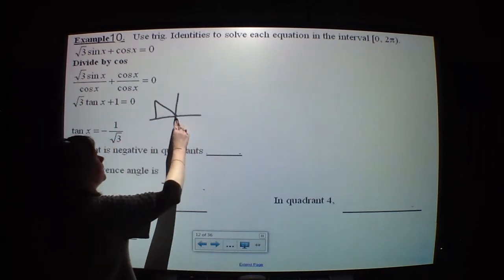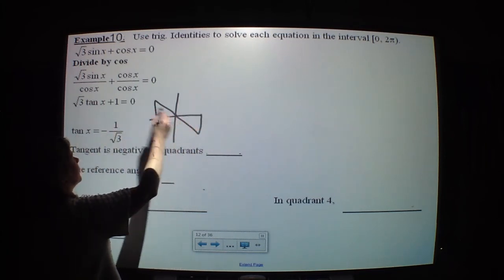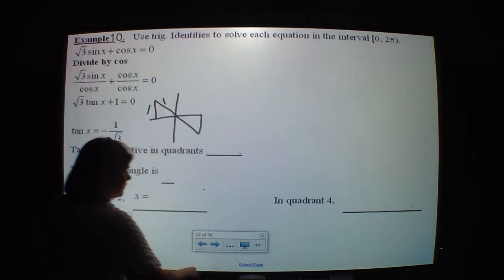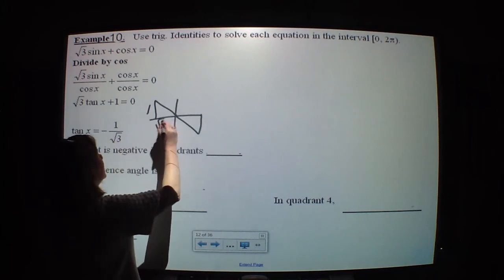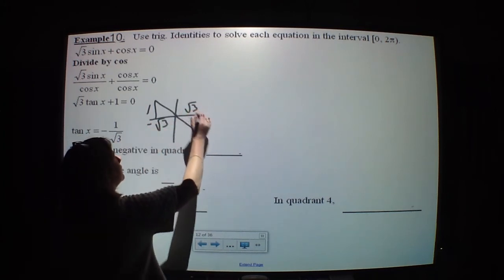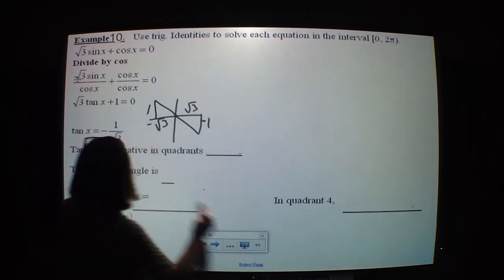Tangent's negative. In the second quadrant and fourth quadrant, tangent is opposite over adjacent. Okay. Reference angle there is a 30-degree or pi over 6 reference angle.